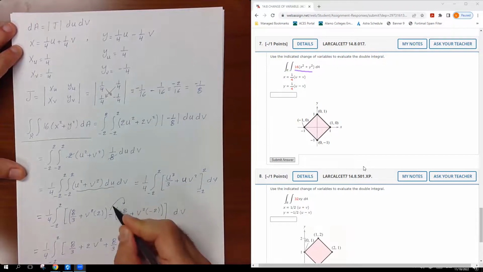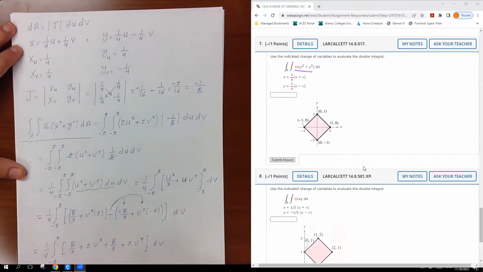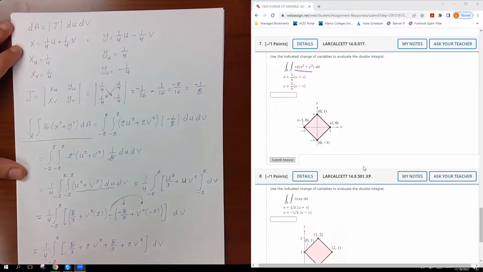Distribute this negative sign on both. So this is positive, this is 2v squared. This one is going to be positive, and this one is going to be positive, because -2v squared times negative is positive. Combine these together. So it's going to be 16/3 plus 4v squared dv.